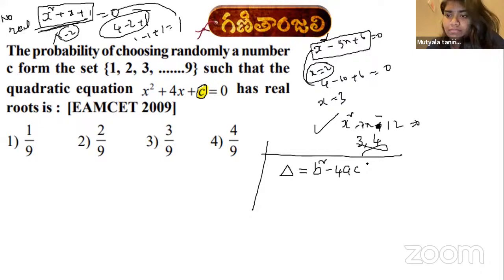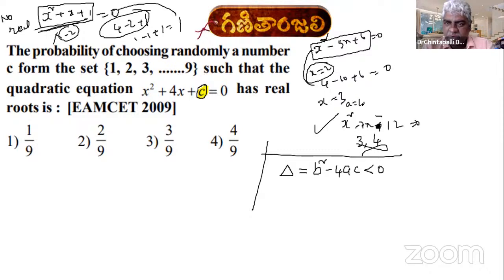Yes. If this value is less than 0, that means it is negative. For example, what is a here? Here a is equal to 1, b is equal to minus 7, c is equal to 15.